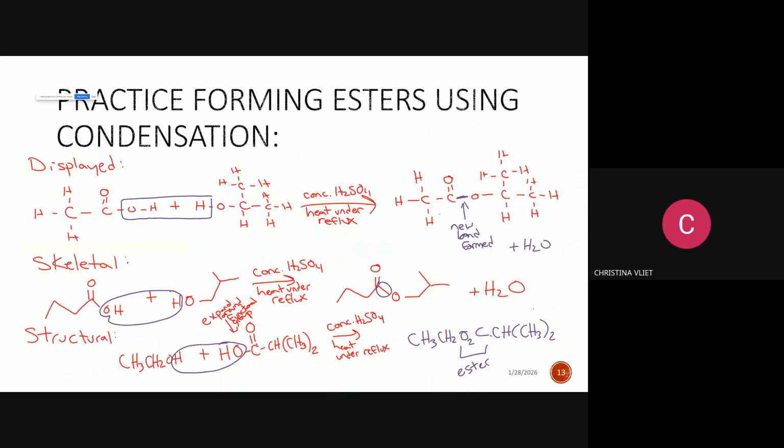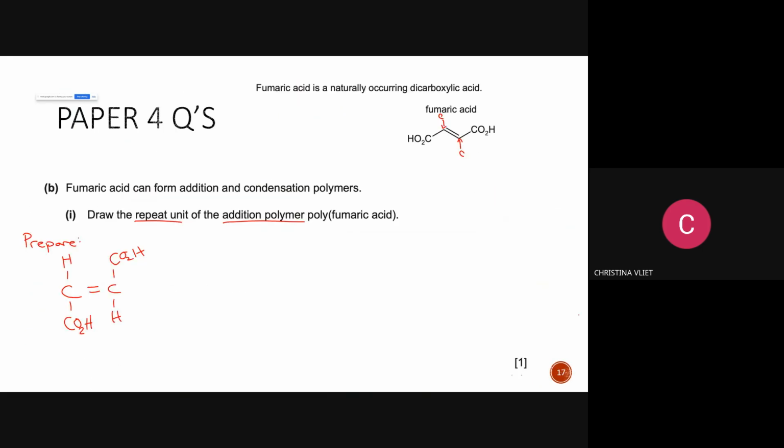But here we do not. Do you agree? You do not have free rotation here. Why am I saying this? This is the trans variant. When you are creating your polymer, you should keep it trans to make sure that you understand this is the trans variant. So it should be written like this originally.